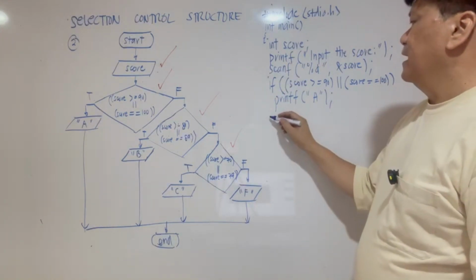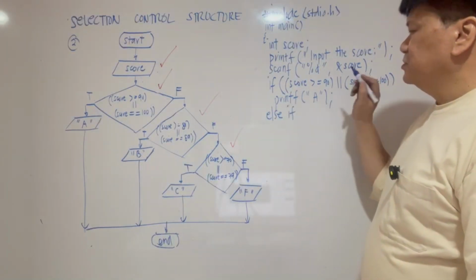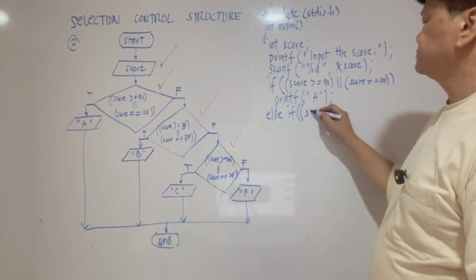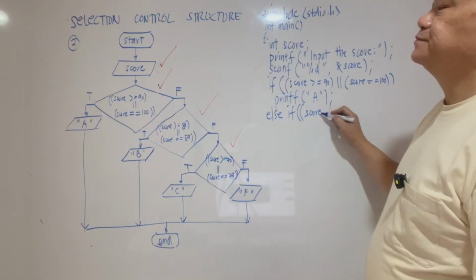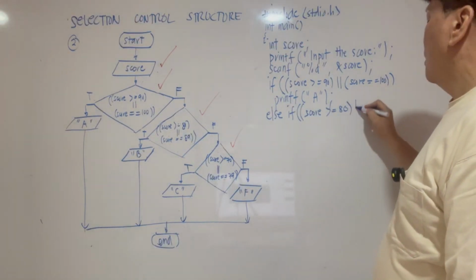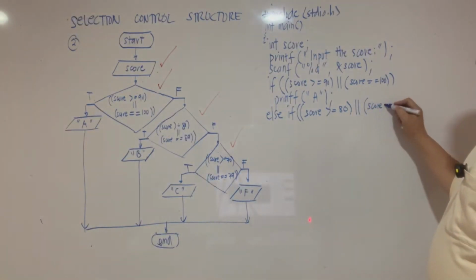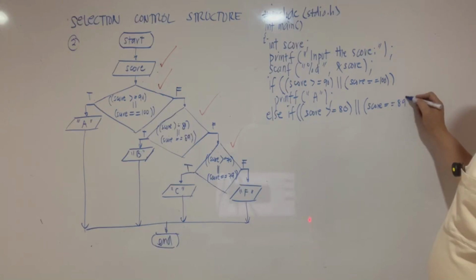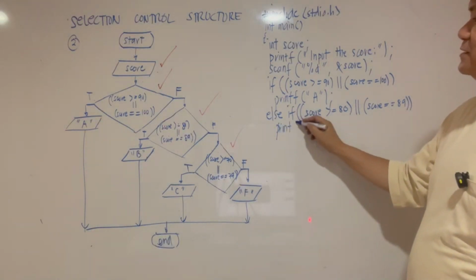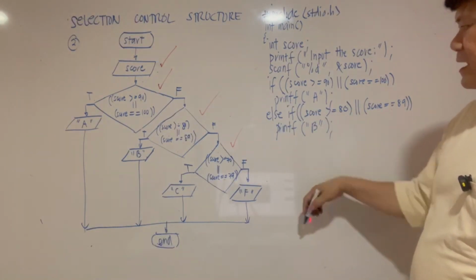So proceed. Else, another condition, if score is greater than or equal to 80, or the score is equal to 89. Then, if it is within the range, that will be B.